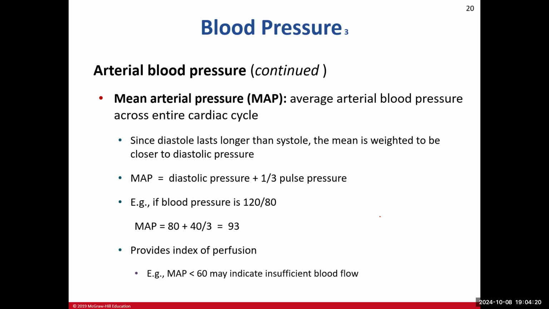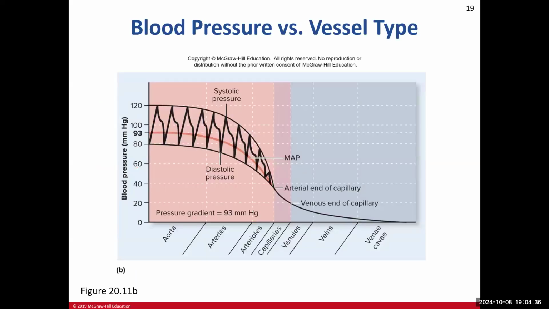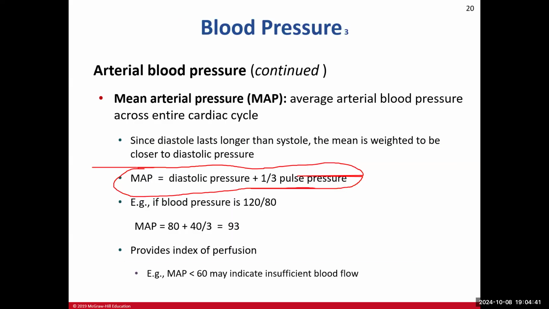Okay. So I'm going to skip around on the slide here a little bit. MAP, the mean arterial pressure, that's the definition. So what you're going to do is take the diastolic pressure. On this slide, our diastolic pressure was what? 80. Okay, good. And then you're going to take the pulse pressure. What the heck is that?